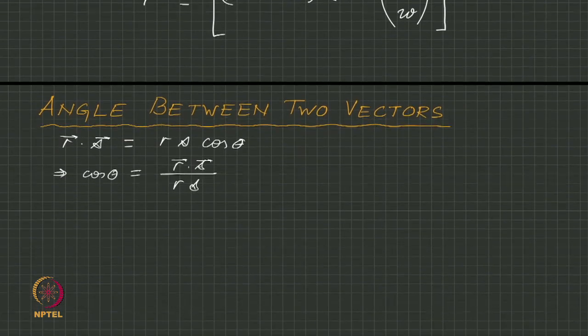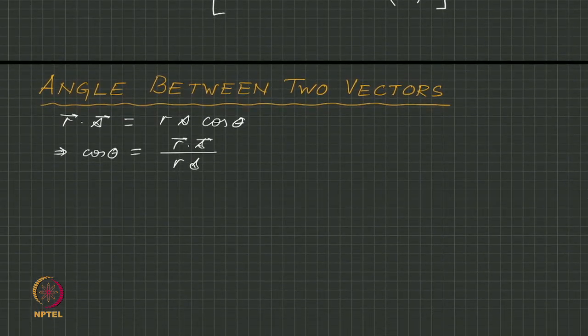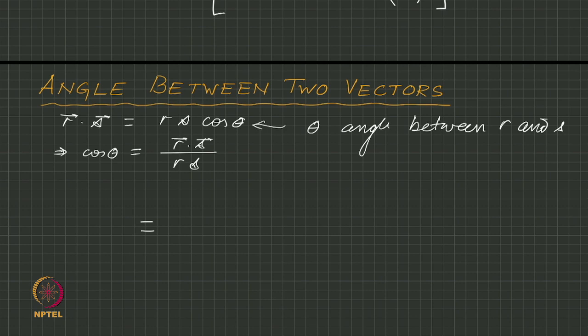The angle between two vectors, again you know R dot S is R S cos theta, where theta is the angle between R and S. So, that becomes this, and just using the formula which you had derived now, it will become R1, R2, R3 into G into S1, S2, S3.